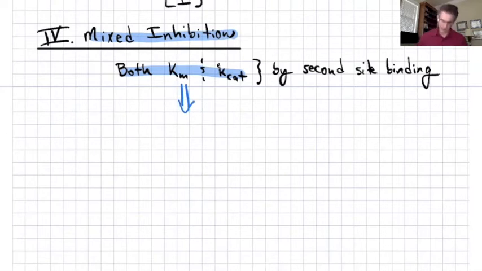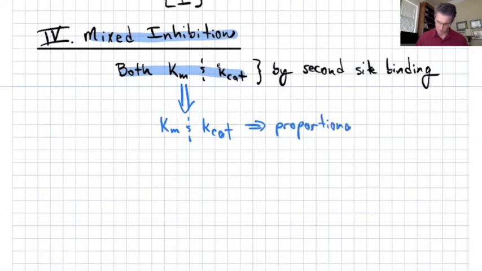And in particular, there's a class of inhibitors that alter or modify Km and Kcat in proportional amounts, right? So the extent to which Kcat and Km are modified is sort of proportional, right? Or you can think about the ratio of Kcat to Km stays the same for the enzyme, right?